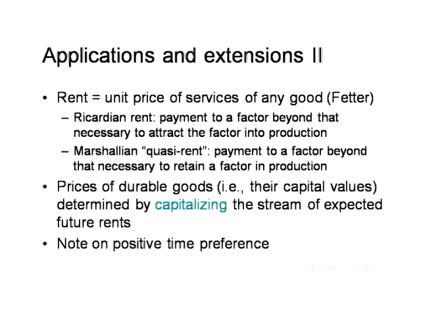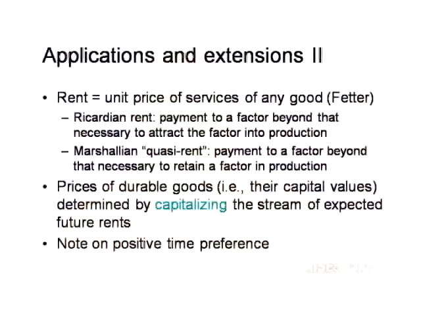Alfred Marshall introduced the even more confusing notion of a quasi-rent, the payment to a factor beyond the amount necessary to retain the use of that factor in production. For our purposes, you can ignore those usages completely and focus on the more straightforward sense that all of the payment to a factor is the rent to that factor. Okay, so rents are simply factor payments, all of the payments to factors.